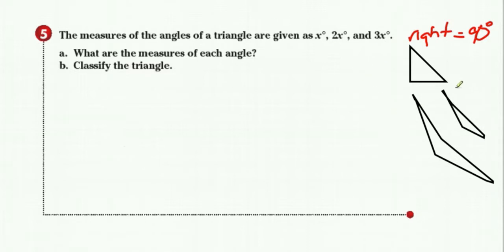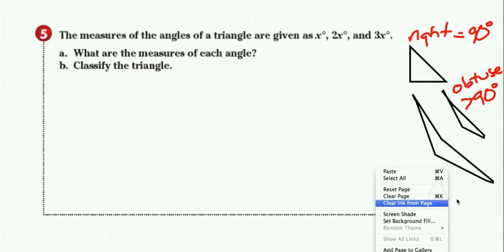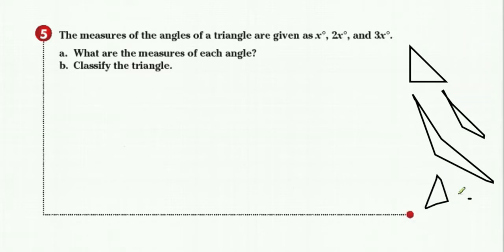And finally, an acute triangle, this is obtuse. Okay, greater than 90 degrees, one angle. And in an acute triangle, you have something like this. Not that, like this. There you go. Where all angles, no, that's a right triangle.